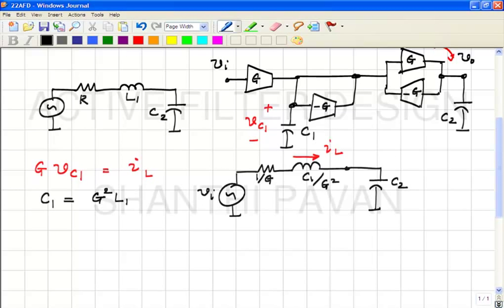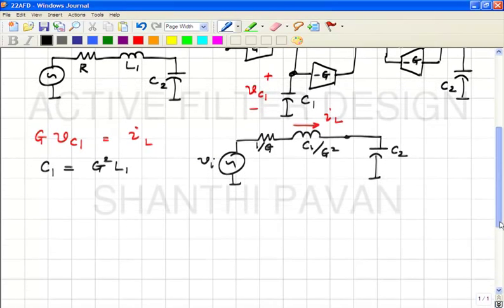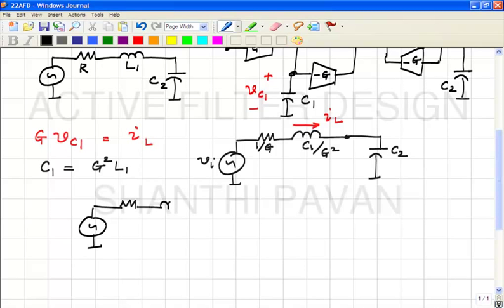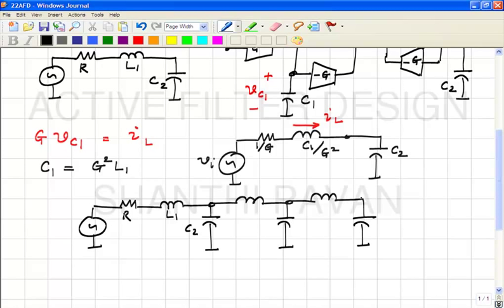Okay. Now, so in other words, we know how to figure out this part, right? But how does the general ladder network look like? Another inductor, another capacitor, right? Another inductor, another capacitor, right?